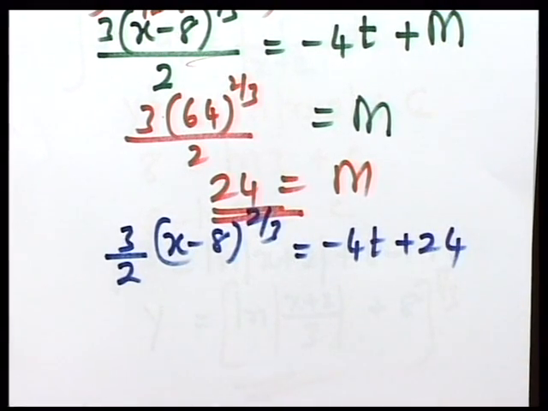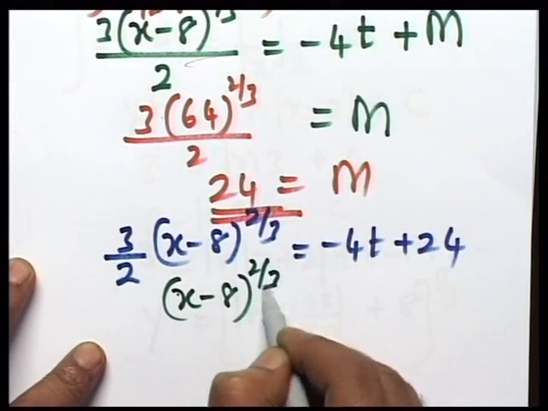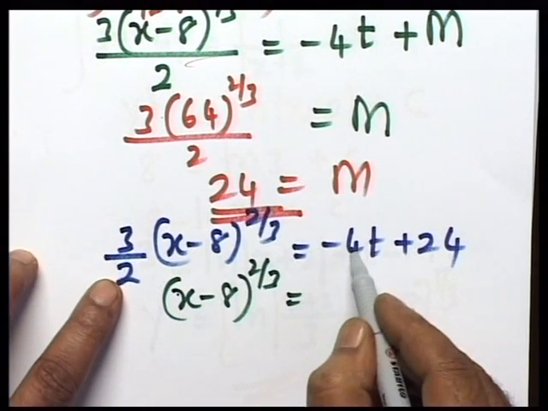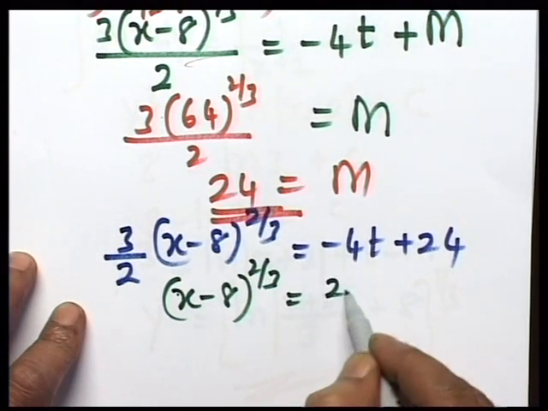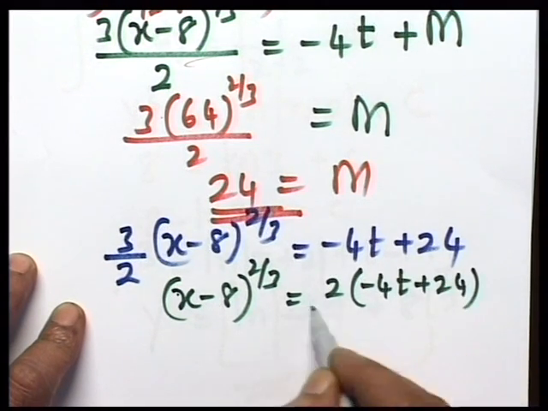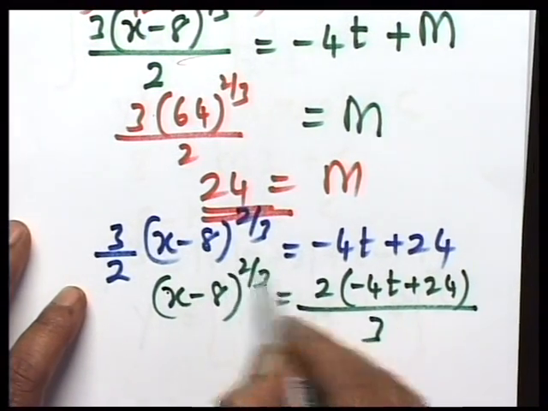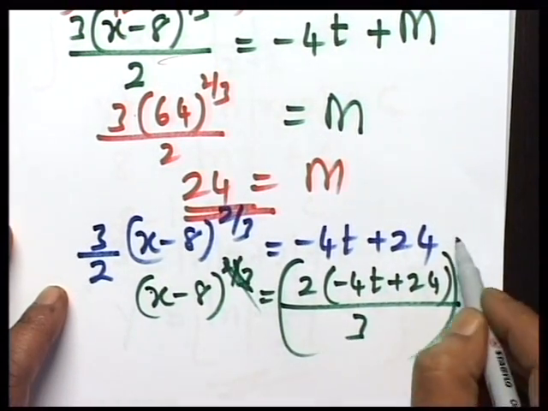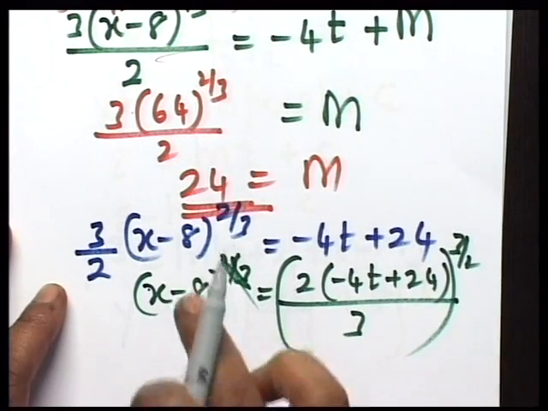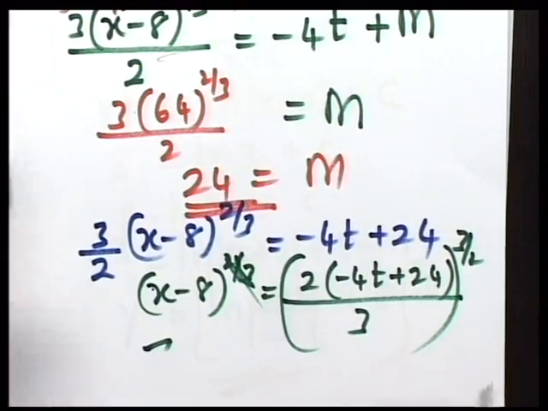That's the equation that we got. Keep the x minus 8 here. You know how to manipulate. So that becomes 2/3 here, 2 bracket, minus 4t plus 24 and divided by 3, to the 2/3. And then, of course, you transfer this. That should be 3 over 2 and then move 8 if you really want to make x the subject.